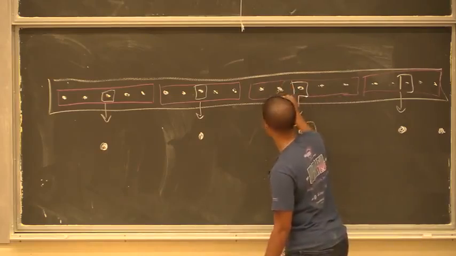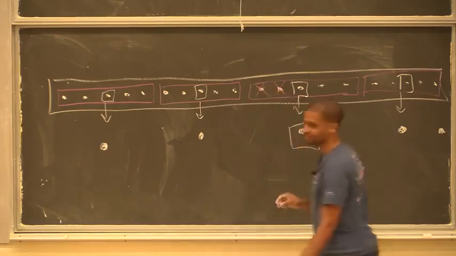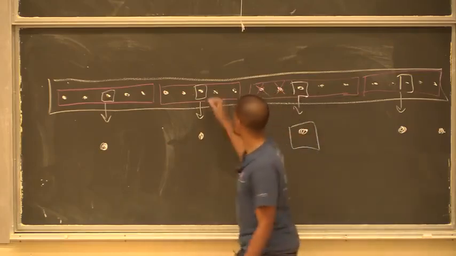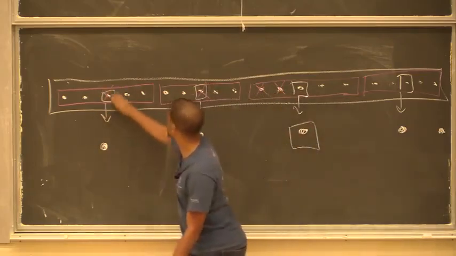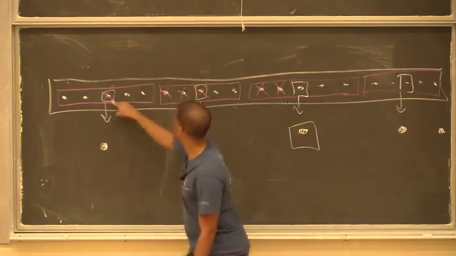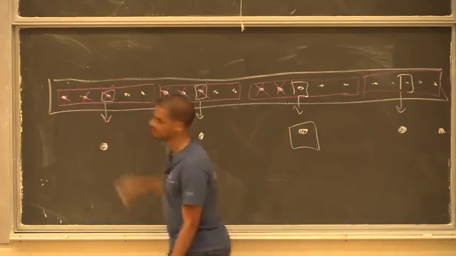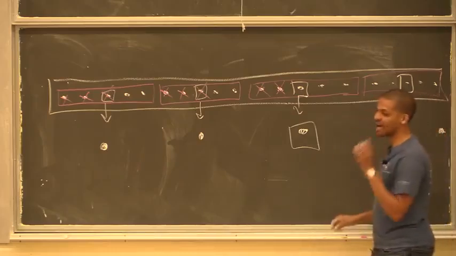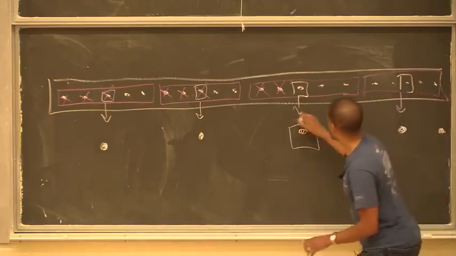He's also bigger than all the medians to the left of him. So he's bigger than this median, and this median is bigger than these 2 people too. And this median is also bigger than these 2 people.